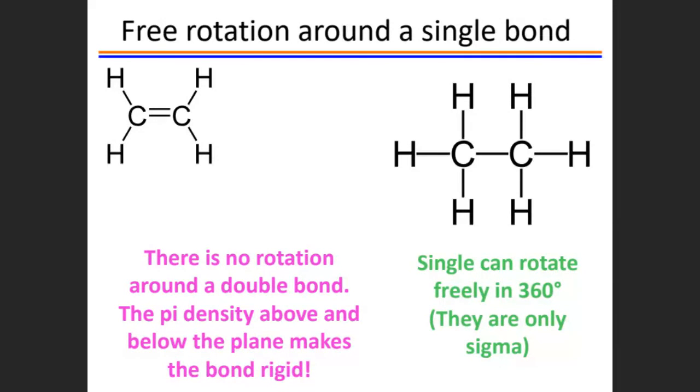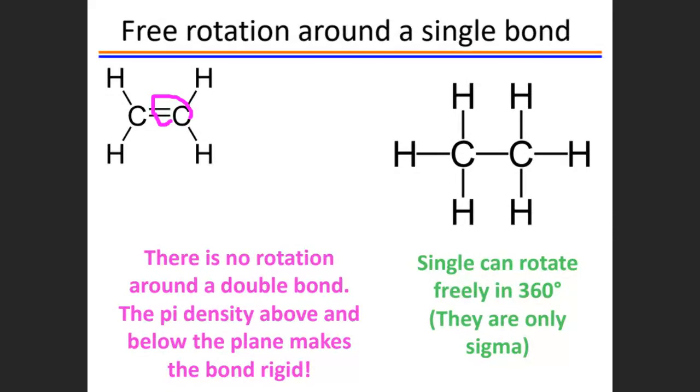But if you have a double bond, that makes it more rigid due to the pi density. So that's very difficult. It's a little bit rigid for the double bond and not so easy to rotate. But if it is a single bond, it's very easy to rotate 360 degrees normally.